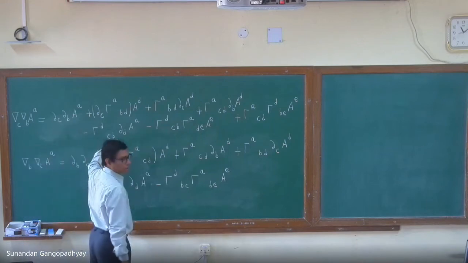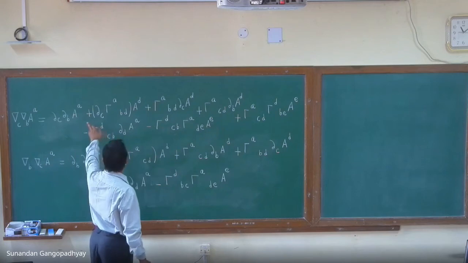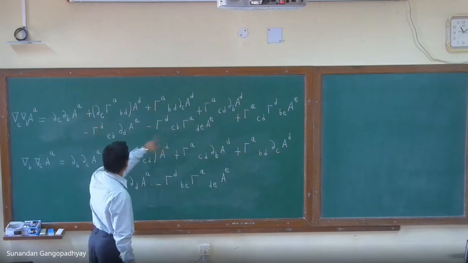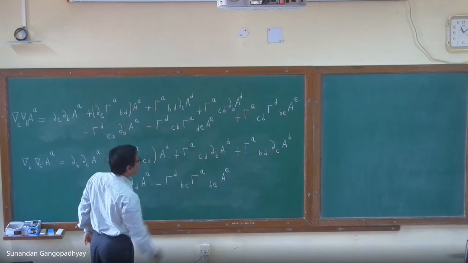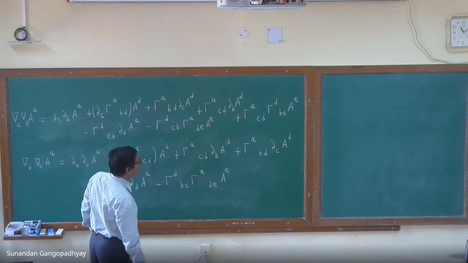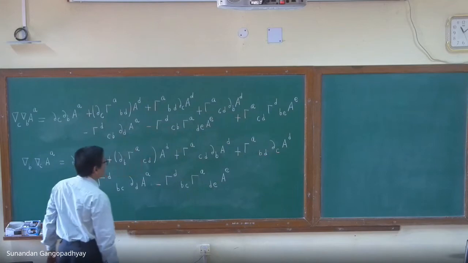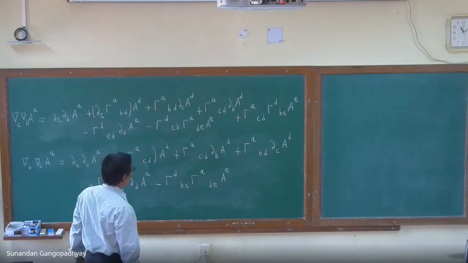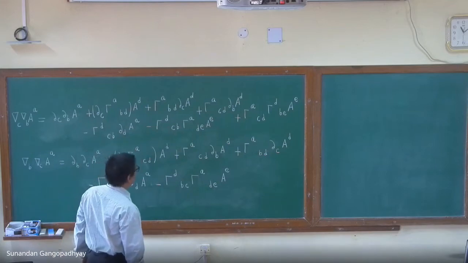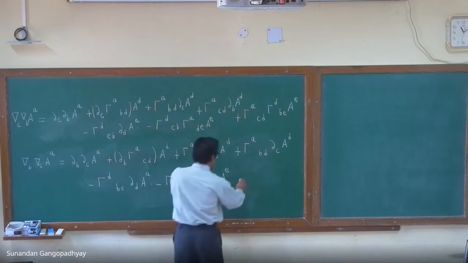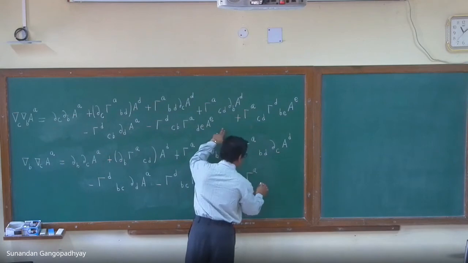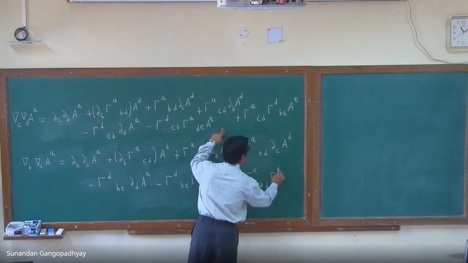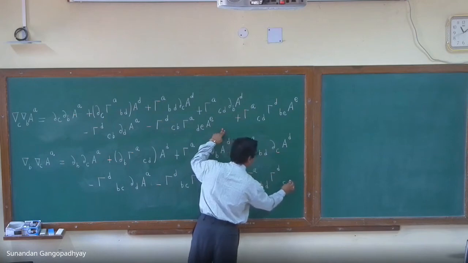That's the third. Gamma A, BD, and then C, AD. Let me just write this term. I missed this term, right? Very good. So gamma A, B, D, gamma D, C.